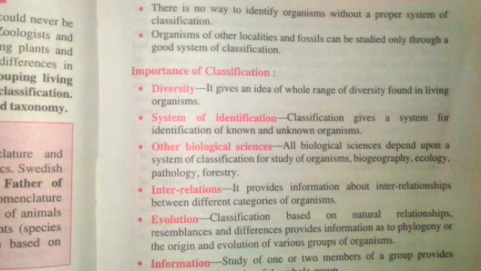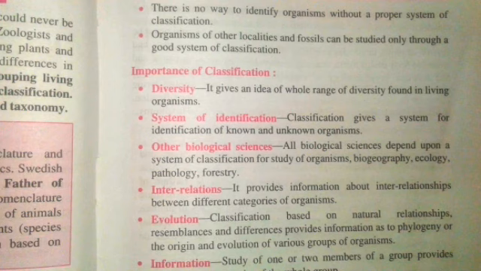The next importance of classification is to interrelate organisms. It provides information about the interrelation between the different categories of organisms. The next one is evolution. Classification based on natural relationships, resemblances and differences provides information on phylogeny, the evolution of various groups of organisms.